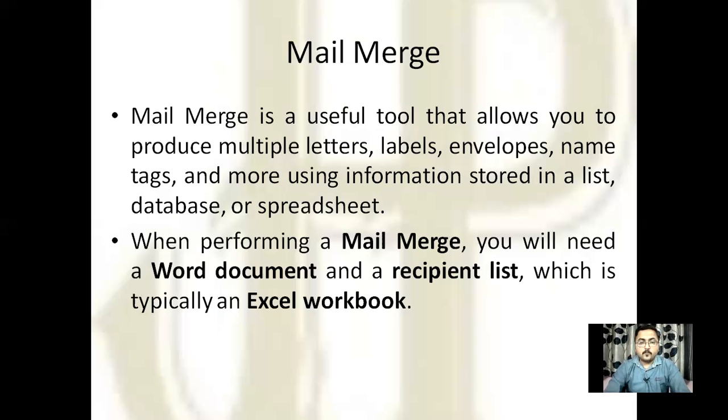So, when performing a mail merge, you need two things. First one, a Word document in which a letter is to be written, and another one is a recipient list, which is typically an Excel workbook.